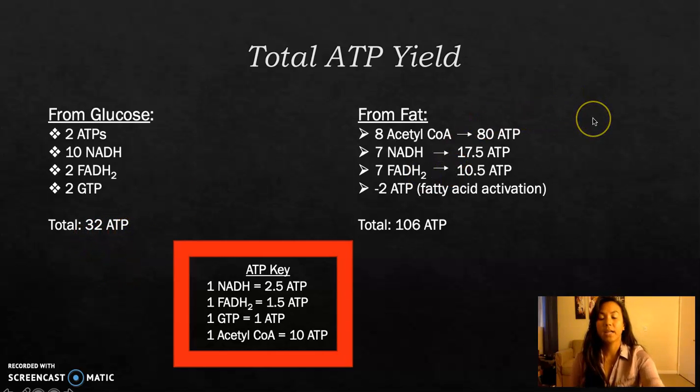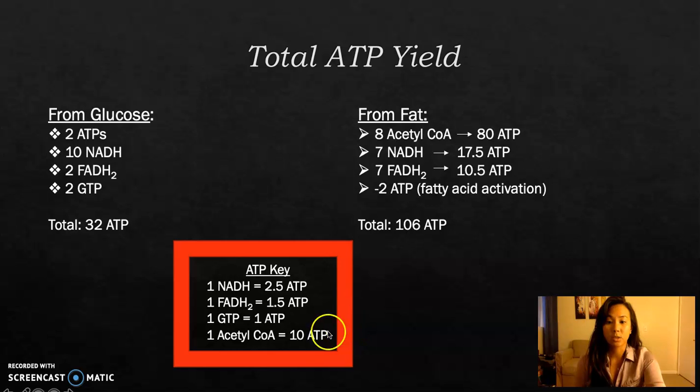Now from fat, what we just went over, the products of that are 8 acetyl coenzyme A, which is quite large in its ATP production, yielding 80 ATP at the end of the cycle. And then remember that we started off with that activation of the fatty acid. So then after the 7 cycles, the 7 NADH gives us 17.5 ATP, and the 7 FADH2 yields 10.5 ATP.